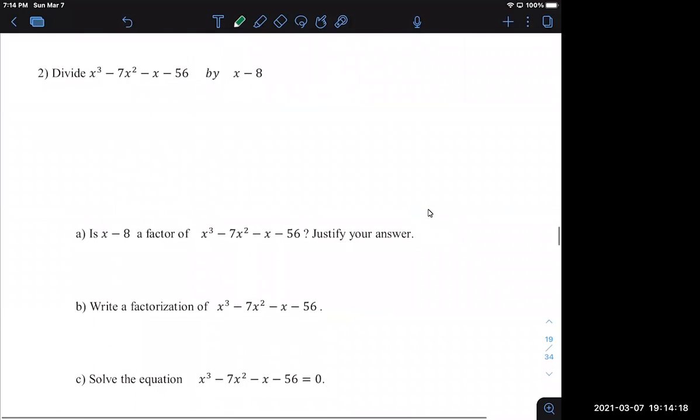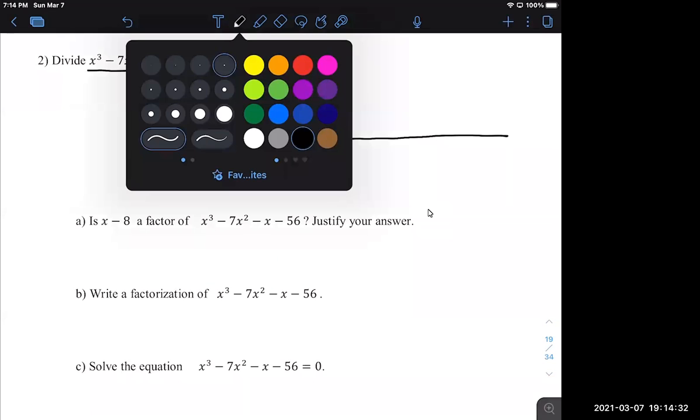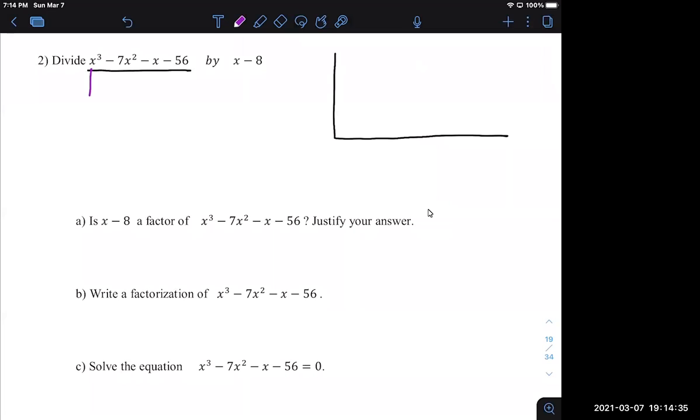Moving on to the second problem, we're going to be doing that same process again. We're going to be dividing. So we have x cubed minus 7x squared minus x minus 56. So I take these coefficients. That's a 1, a negative 7, negative 1, and negative 56.